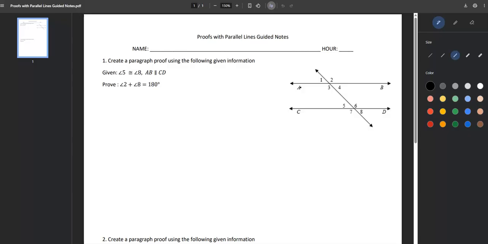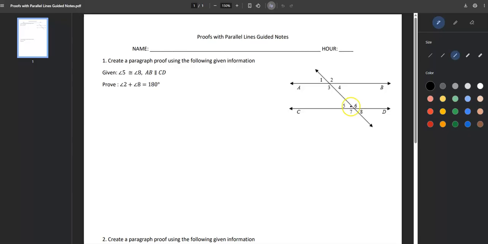So if you think back to a couple units ago when we were talking about parallel lines and transversals, once these lines are parallel, it puts in all of those 4 rules: alternating interior angles are congruent, alternating exterior angles are congruent, corresponding angles are congruent, and same side or consecutive interior angles are supplementary. And so we're going to use those properties to help us with this, okay?